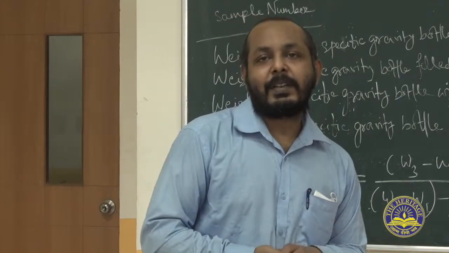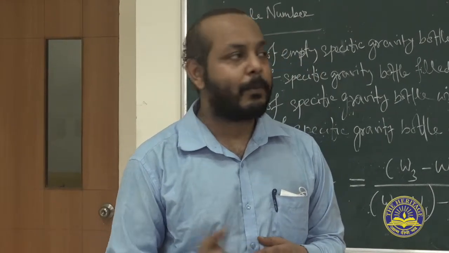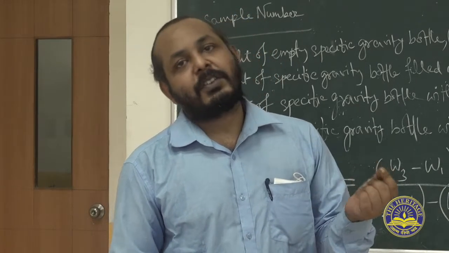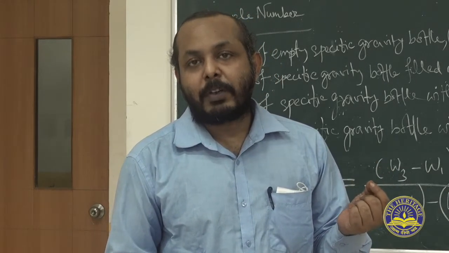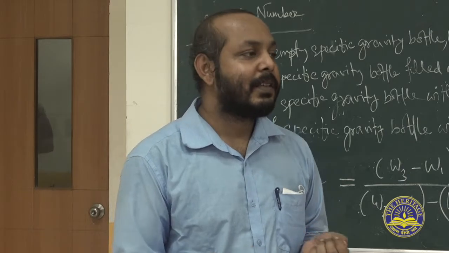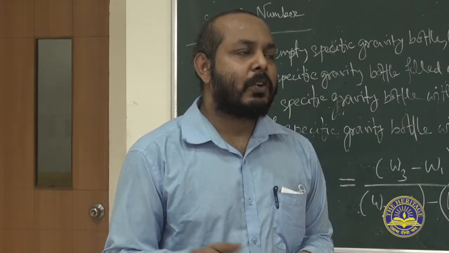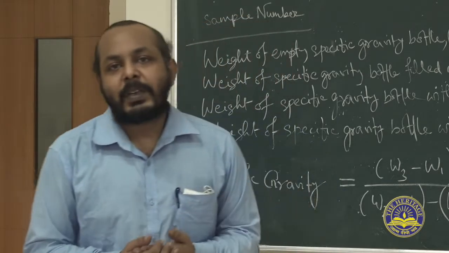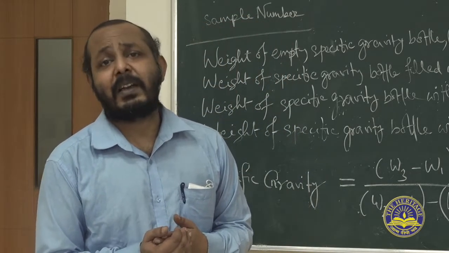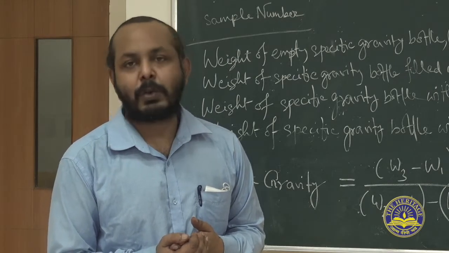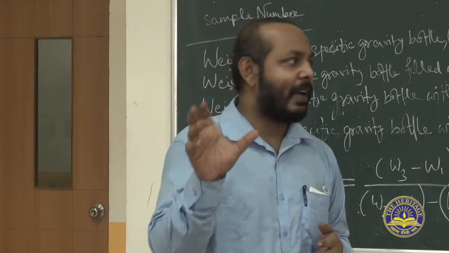The specific gravity also indicates the source of the material, and also, when the penetration value of bitumen is higher, the specific gravity can be a bit lower. Normally for pure bitumen, the specific gravity varies from 0.97 to 1.02. So in that range it varies.